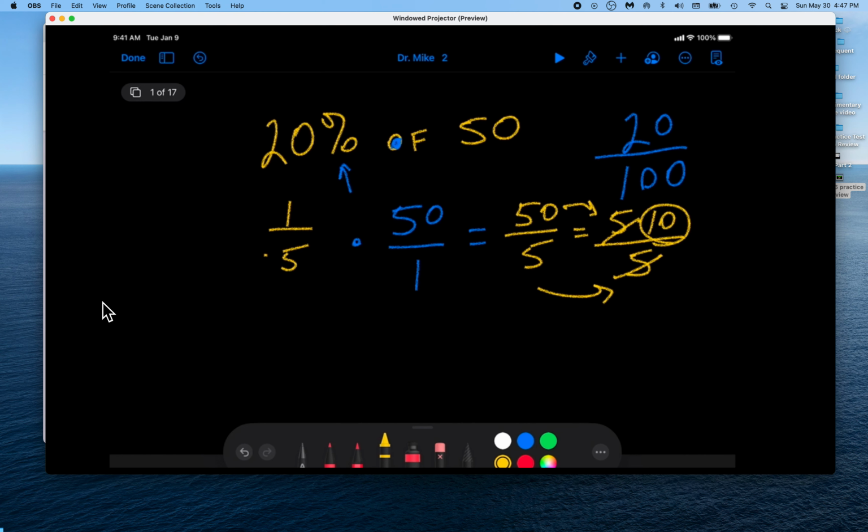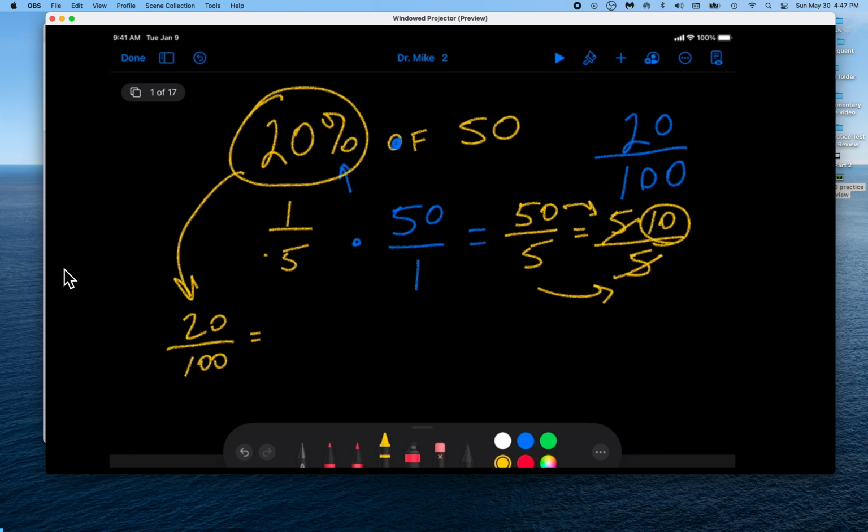There's your final answer. 20% of 50 is 10. Now if it's easier for you, you could change this to 20 over 100 and say to yourself that's the same thing as 0.20, and multiply that by 50. You get the same answer.